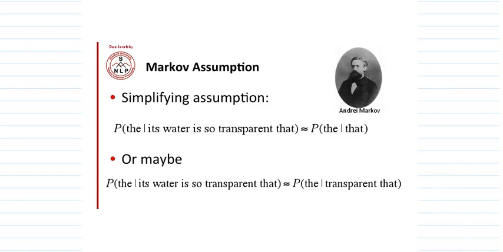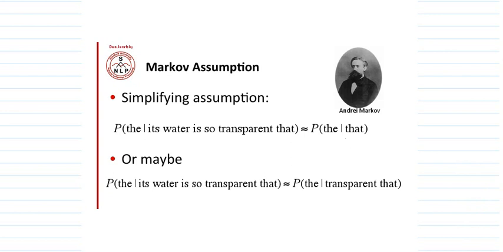Andrey Markov said that we may have a simplifying assumption, and we may assume that the probability of this whole term, or the sentence, such as the probability of "the" followed by "its water is so transparent", is somewhat equal to the probability of "the" followed by just a single word, or "the" followed by just two words.